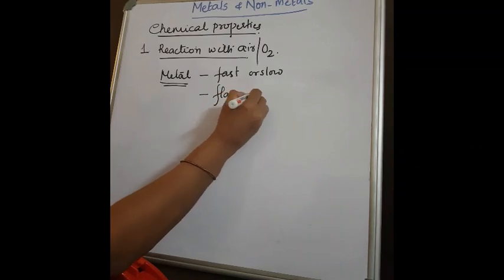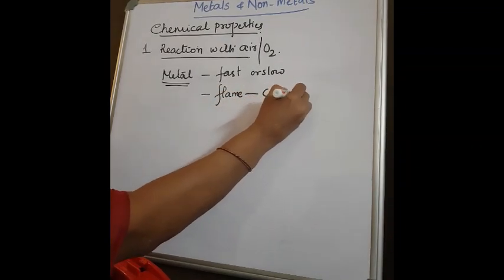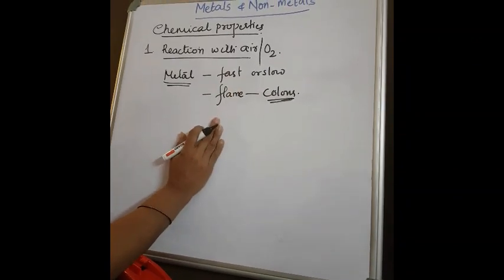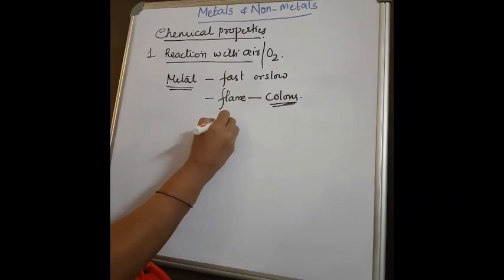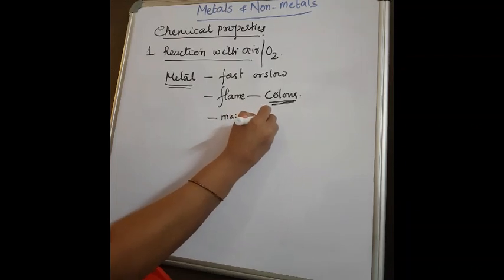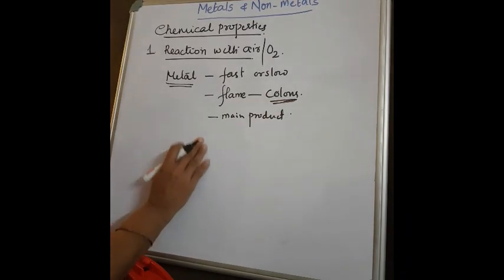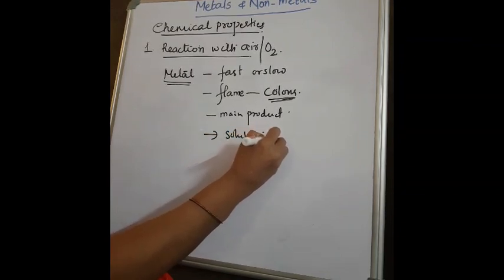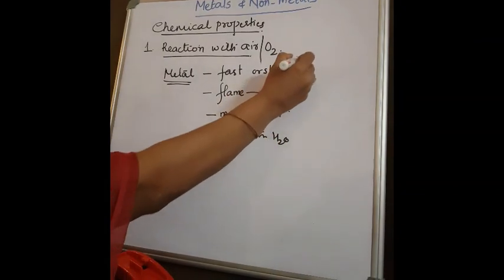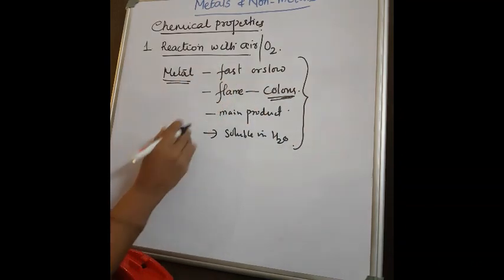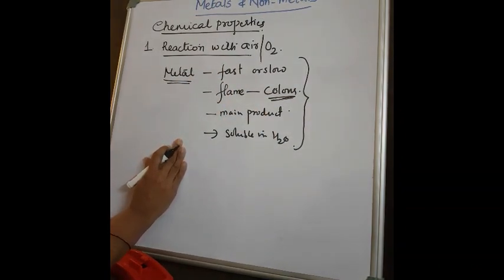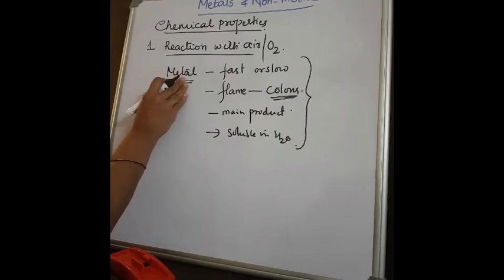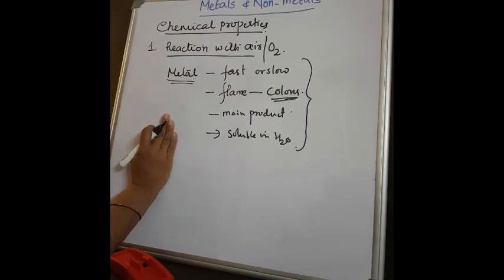Is the flame having some color? You should note that. Or what are the main products of this metal? Is that product soluble in water? Keeping all these points in mind, we can generalize the reactivity of certain metals with air or oxygen.